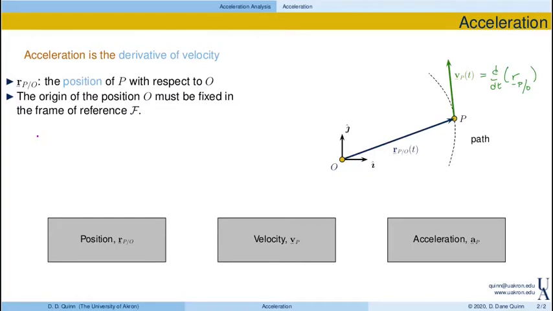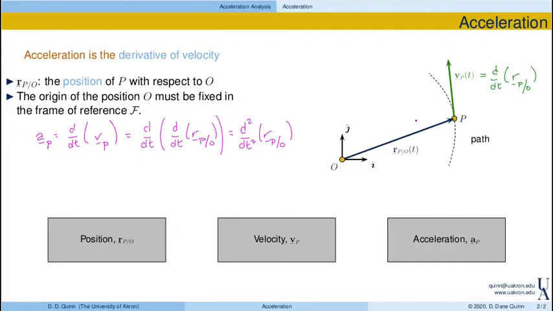So here, if I write the acceleration of P, it's going to be the derivative of the velocity of P. And of course, taking one step back, the velocity was the derivative of the position, d dt r of P with respect to O. So we see that the acceleration can be thought of as now the second derivative of position, P with respect to O.